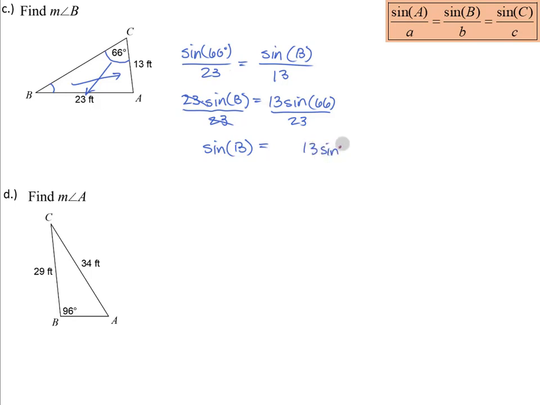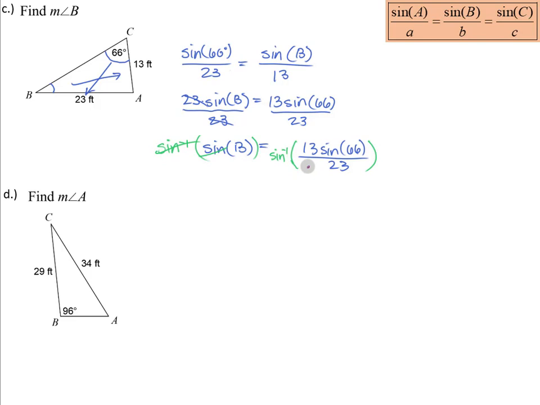We need to do the inverse sine of both sides, or arc sine, whichever way you'd like to call that. We'll technically just cancel out sine, but we do need to type this whole thing in our calculator at the right. So this will get me B equals this expression.